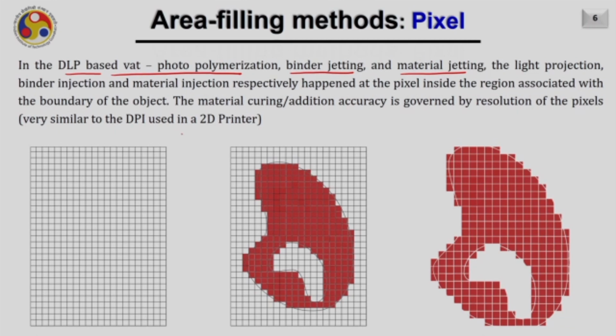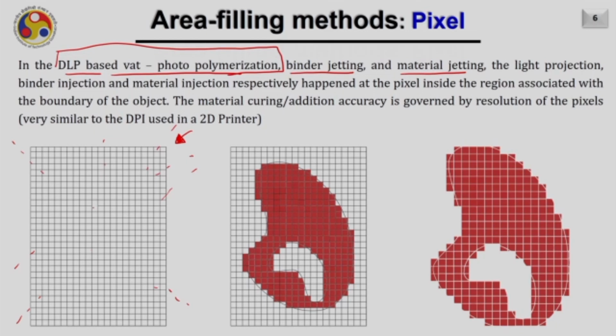So now let us consider this particular domain. It is a rectangular domain which consists of a lot of pixels. Let us assume that we are dealing with DLP based wet photopolymerization. In this case, what will happen? A light will be projected on the entire mirror, which consists of a lot of mirrors arranged in pixels.